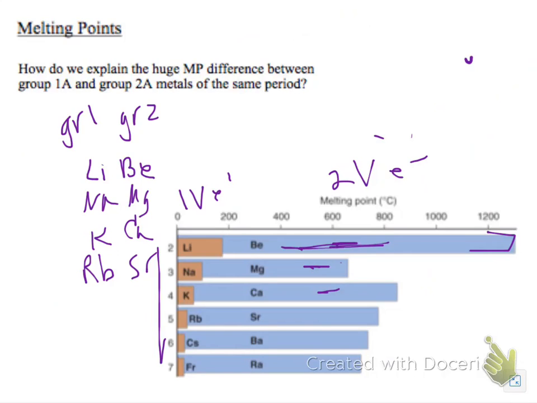That's because the smaller my atom is, the closer the nucleus is going to be to the sea of electrons it's attracted to, so the bond is going to be stronger. So lithium is going to have a higher melting point. It's going to take more energy to disrupt that network associated with the sea of electrons.